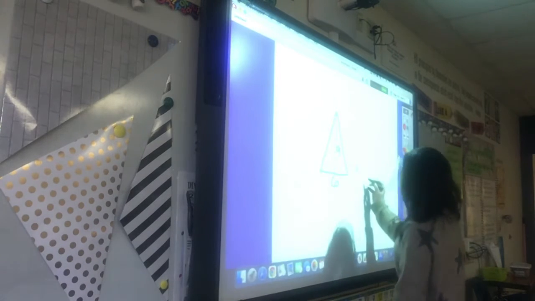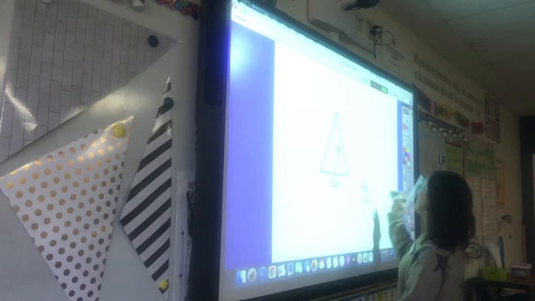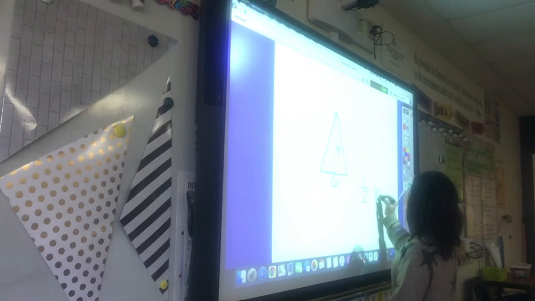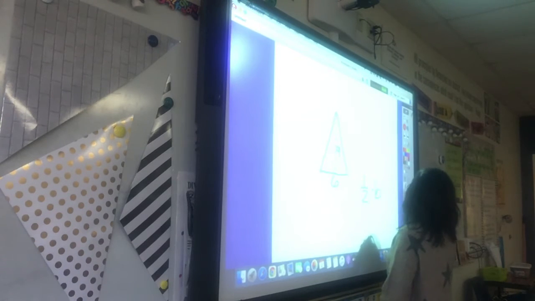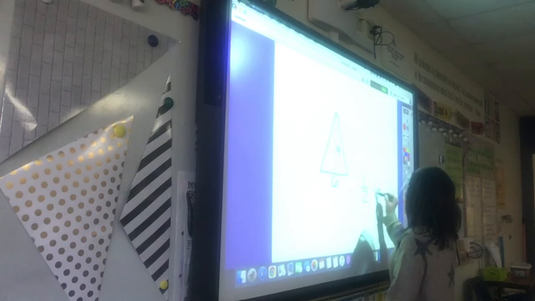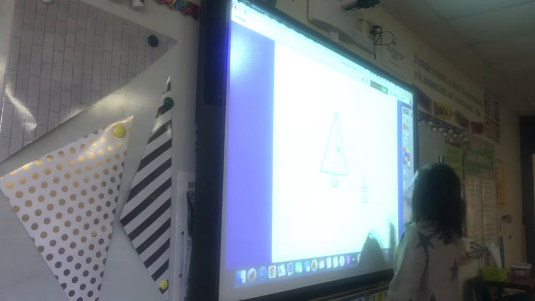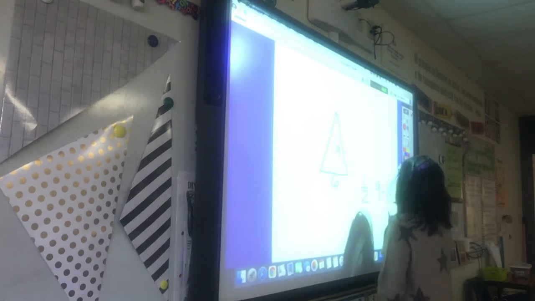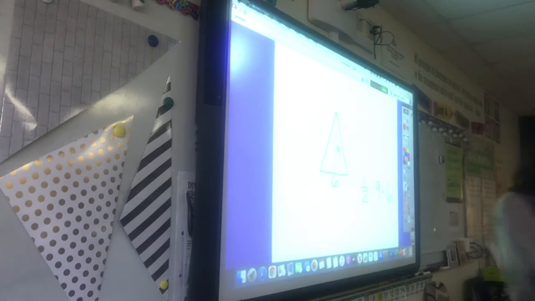Okay, so again, we know that area equals half times the base, which is 9, which I just put base there, times the height, which is 6. Okay, so let's look at the fastest way to do this.